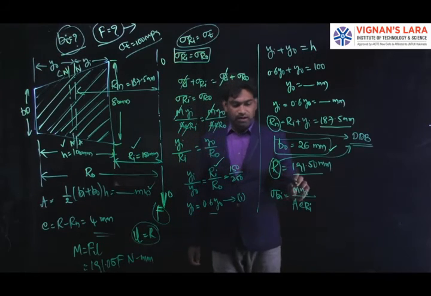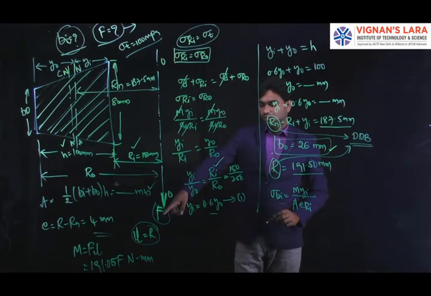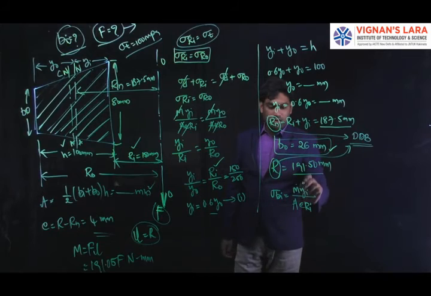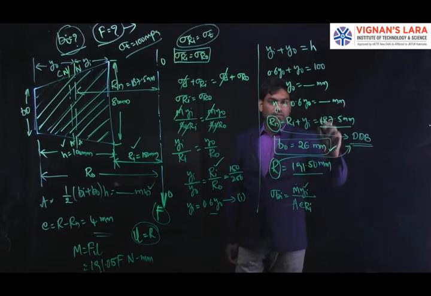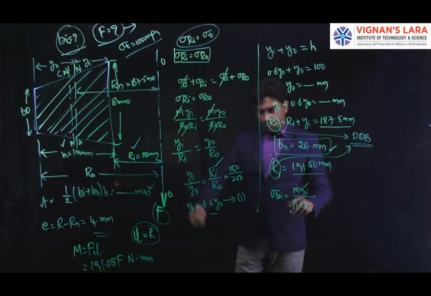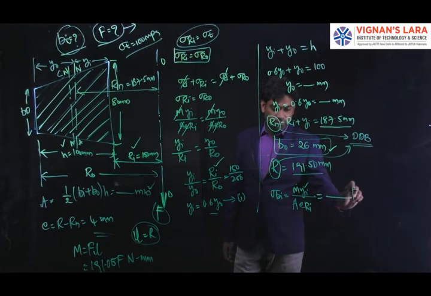By substituting the value of M as 191.05 F Newton mm and yi is known, you can find it out. yi can be around 37 or 38 mm. We can substitute here, and area is known and small e is known and Ra is given. So we can get the value in terms of F Newton per mm square.